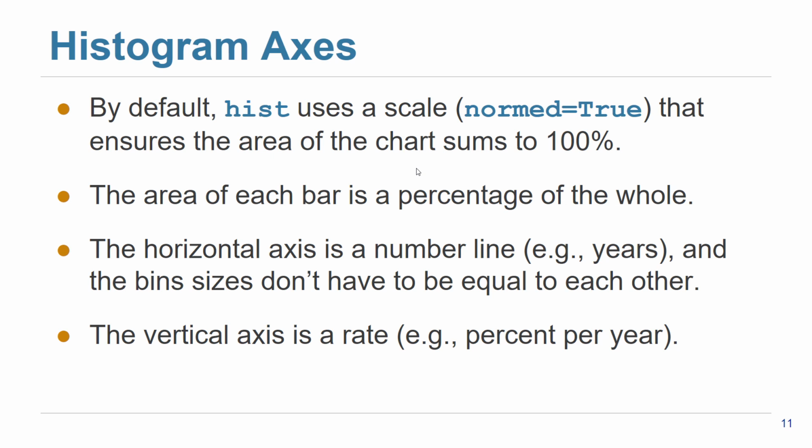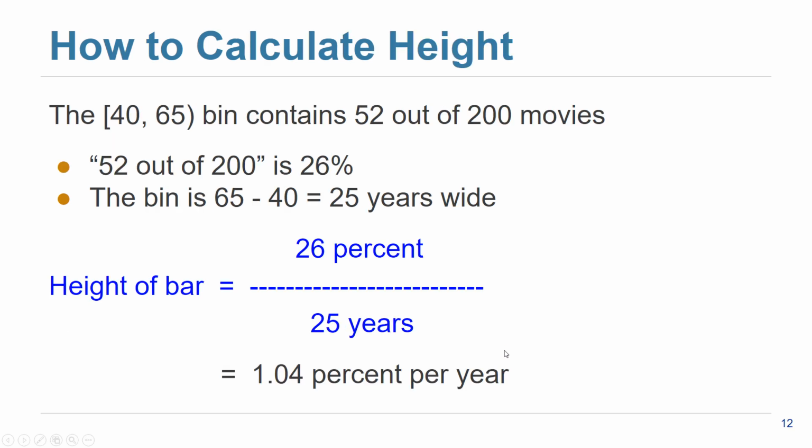Because we said that the area of each bar is the percentage of all. If we sum all the percentages, of course it should sum to 100. That's the whole population. The horizontal axis is a number line, it's to scale, and the bin sizes don't have to be equal, and the vertical axis is a rate. It's a percent per unit, or per year in our example.